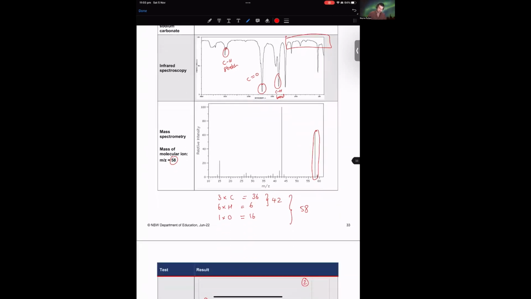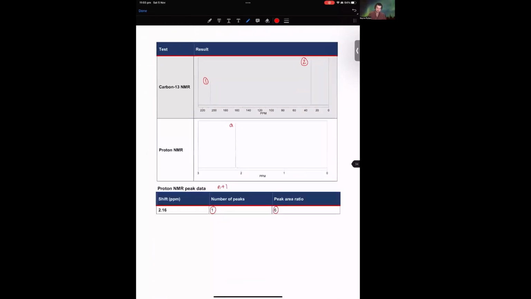All right, so let's come down to here then. How do we rationalize that we have 6 protons in the same proton environment? The way we can think about that is that our ketone must have those 2 CH3s on either side.